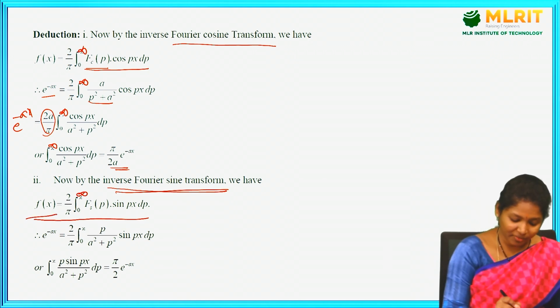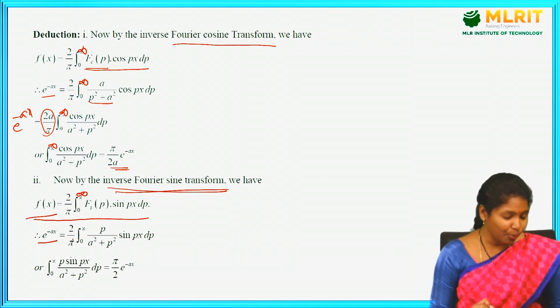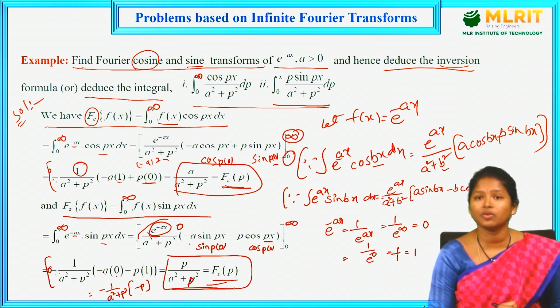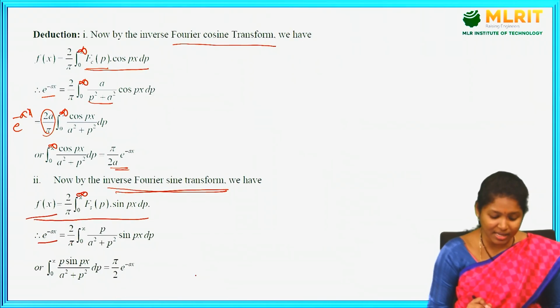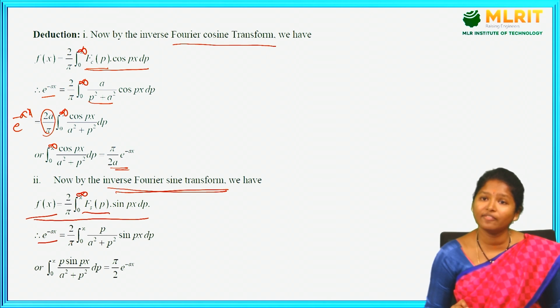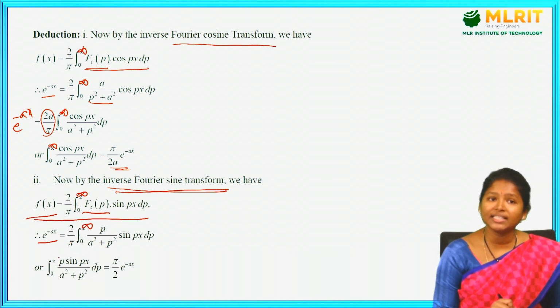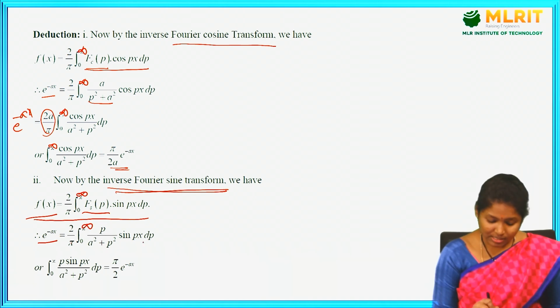Here f of x is e power minus ax. So 2 by pi, here we already derived fs of p using the infinite Fourier sine transform. That result was p by a square plus p square. We substitute it in the place of fs of p.